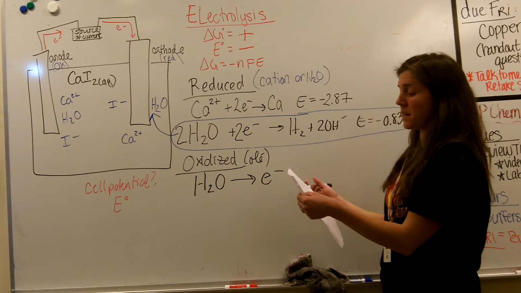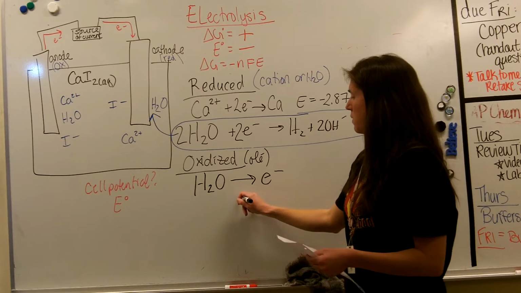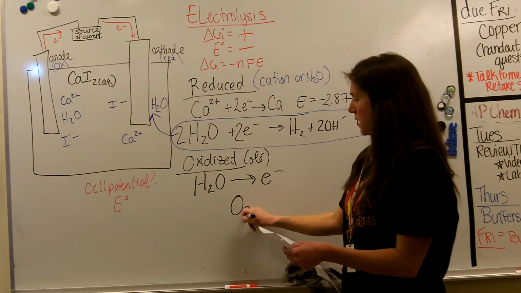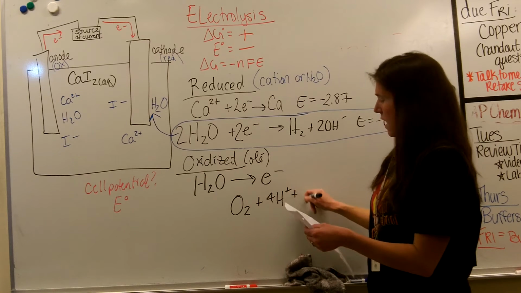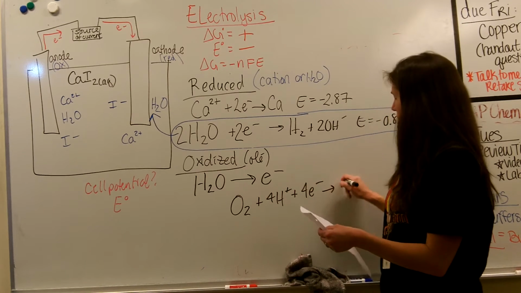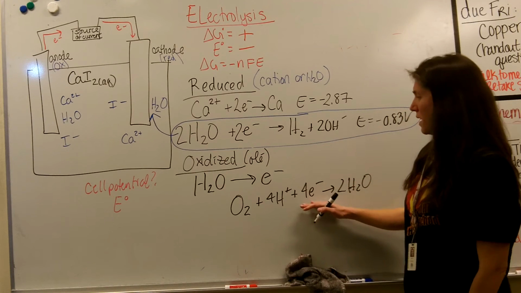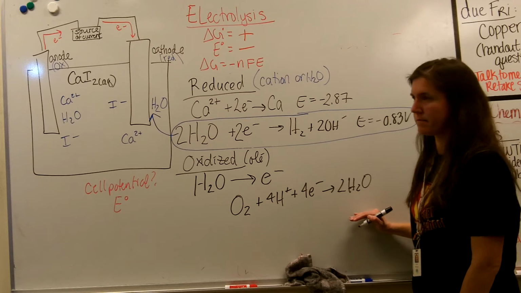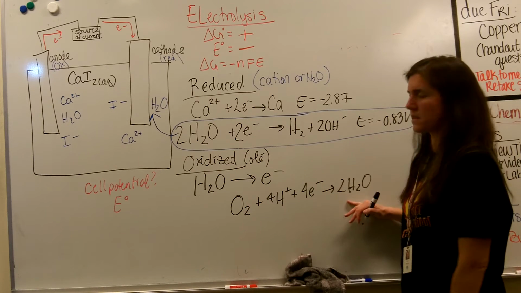The problem is the way it's written, it looks like a reduction, because these are all written as reductions, right? So I will write down the reaction as written. It's O2 plus 4H+ and 4 electrons makes 2 H2Os. Okay, this is written as a reduction. And again, the way I spotted that is I noticed the electrons and waters are on opposite sides.